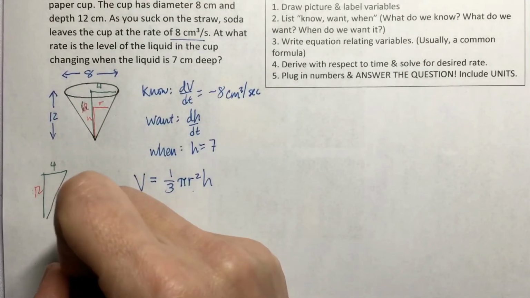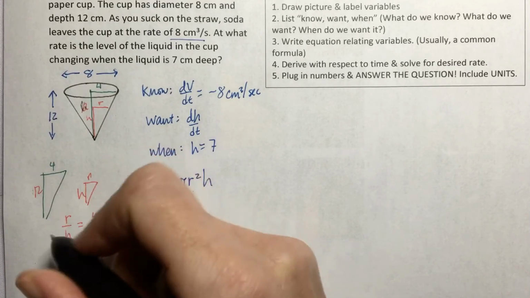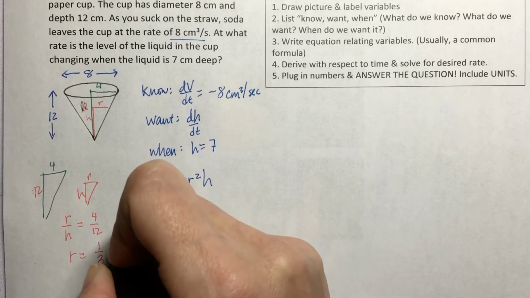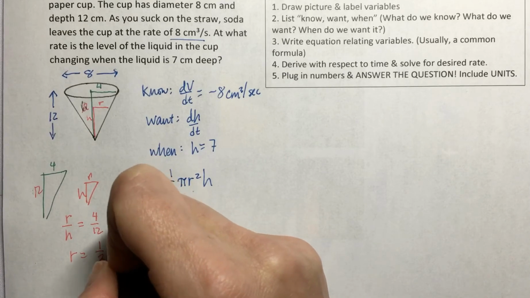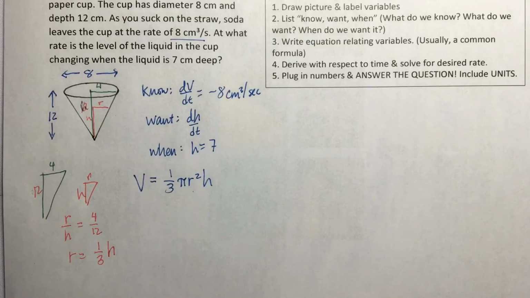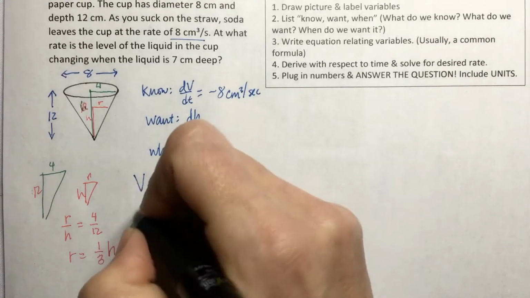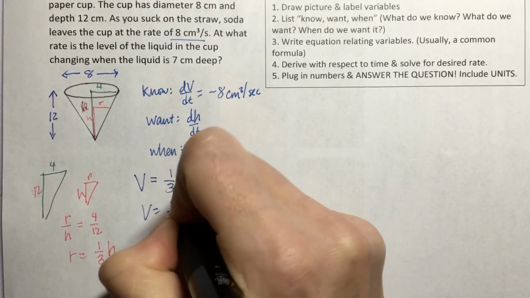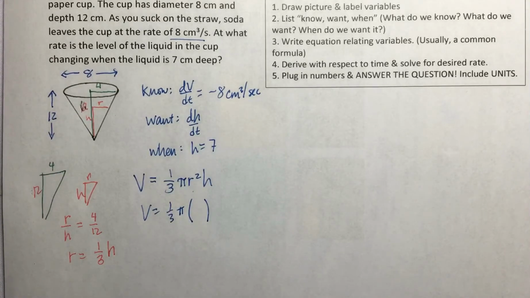So R is equal to 1/3 H. Okay, so I'm going to substitute 1/3 H in. Switching color here. V is 1/3 pi times the radius, which is 1/3 of the height.